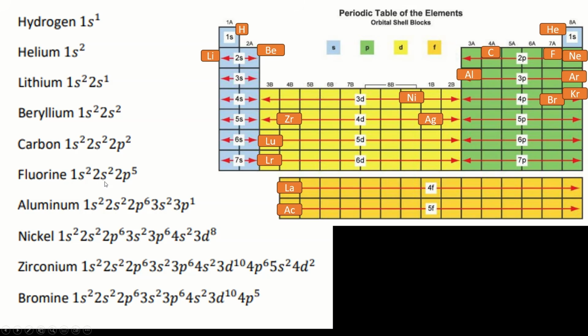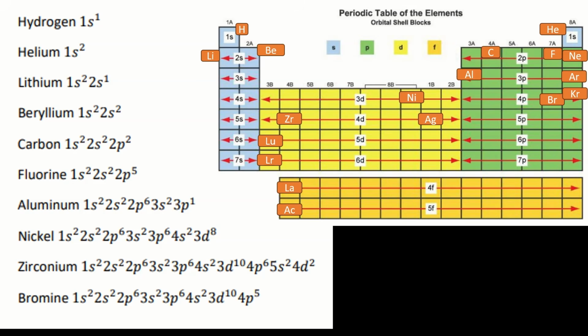Fluorine, we're going a few more steps further along. Same block as carbon, but instead of the second element in the 2p block, we're now in the fifth element of the 2p block. So 1s², 2s², 2p⁵.